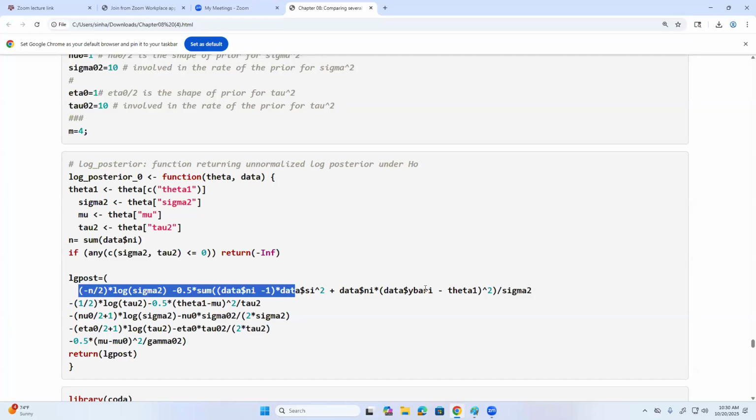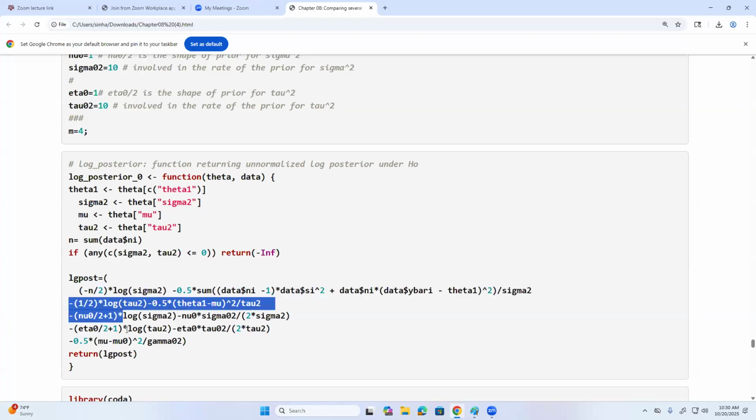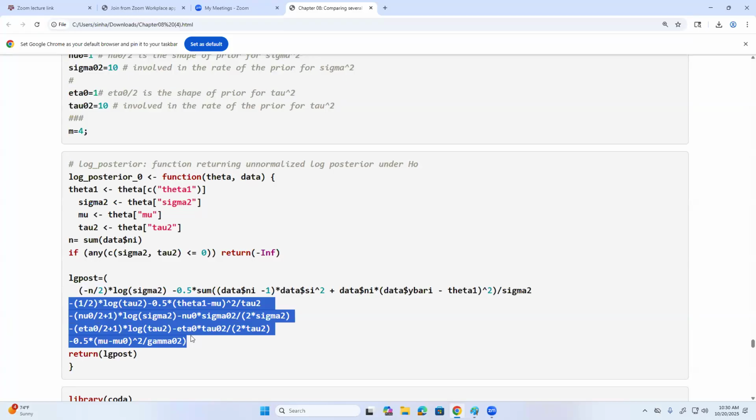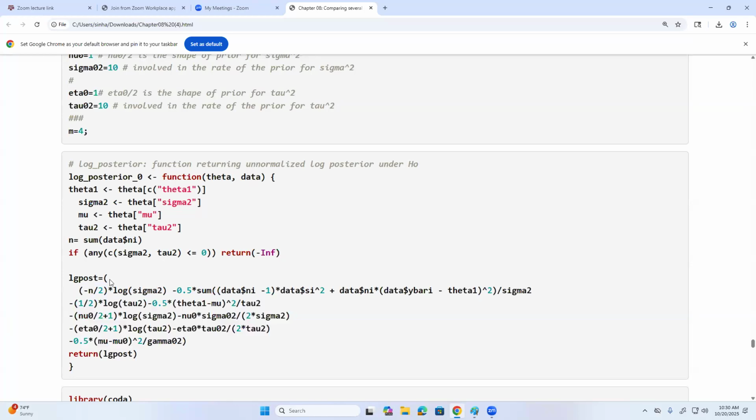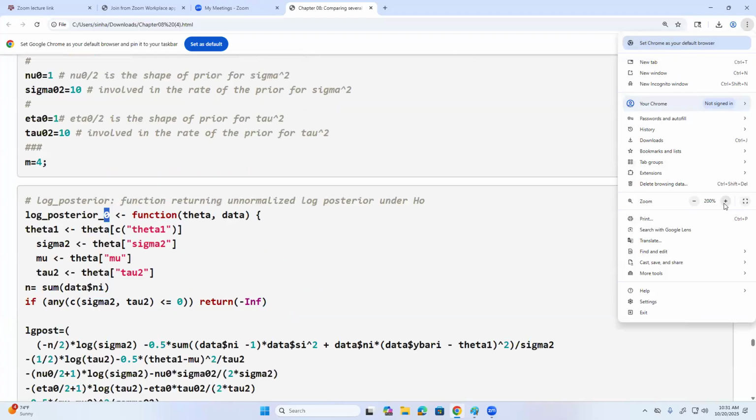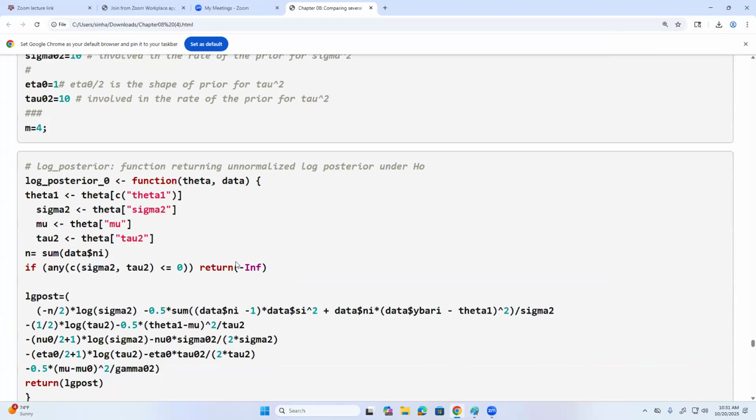This is the data likelihood part, and the following parts are the prior distribution part. This is the log posterior calculation under the null hypothesis, therefore I put this 0 to signify the null hypothesis.